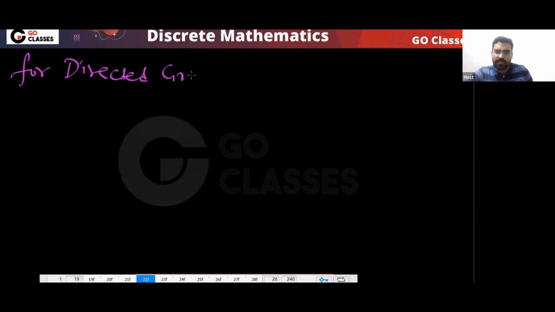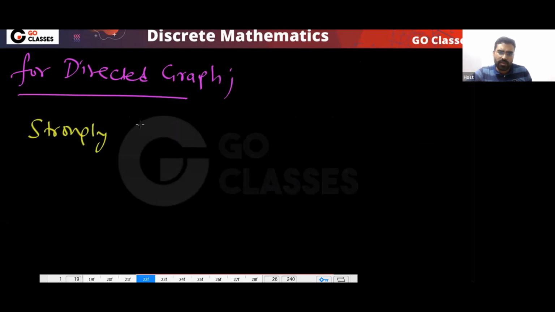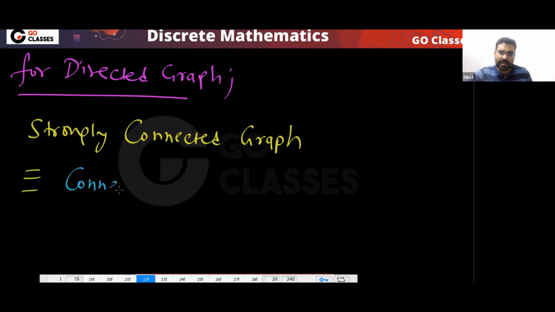For directed graphs, there is a concept of strongly connected components, or strongly connected graph, which we will study, don't worry.